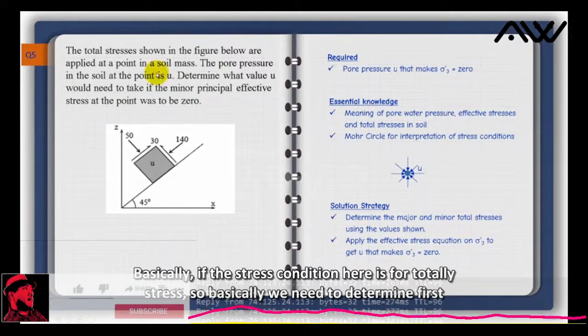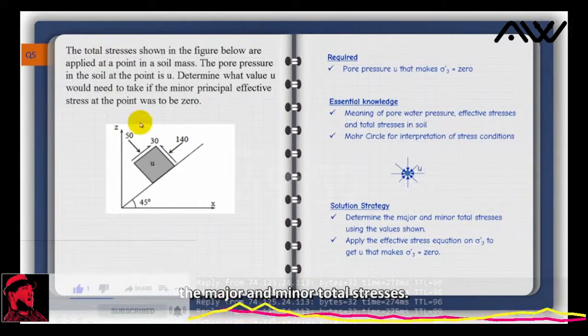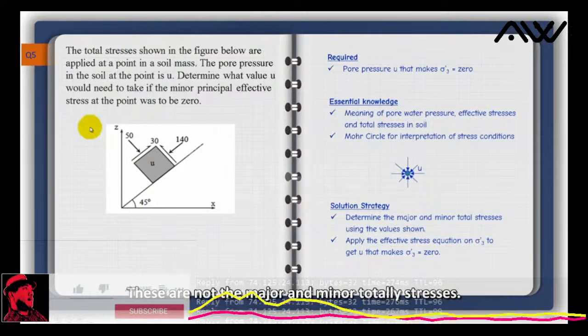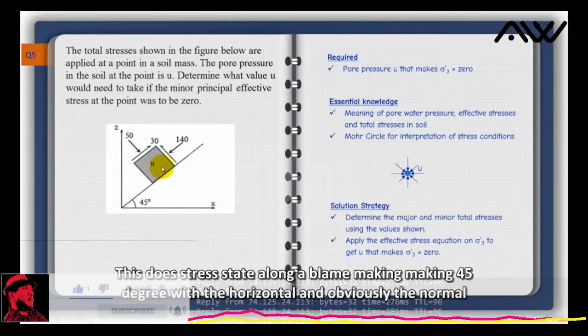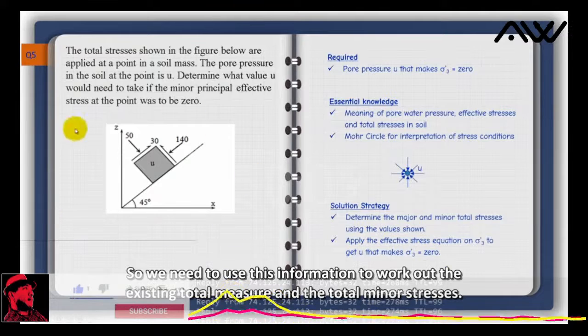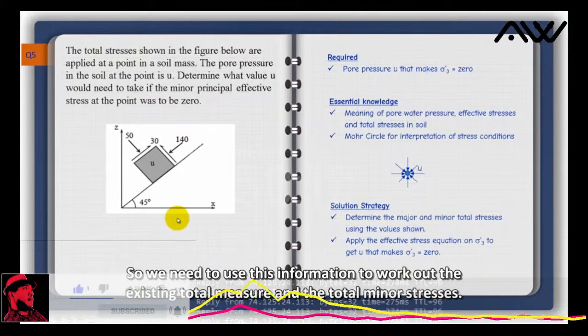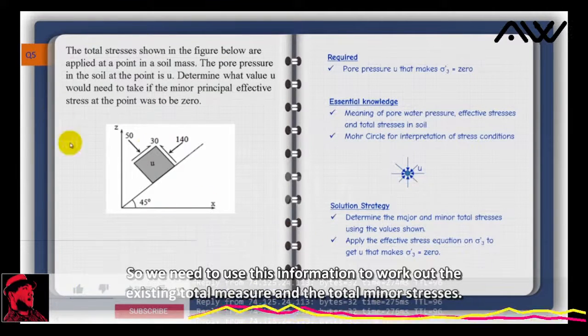Basically, if the stress condition here is for total stress, we need to determine first the major and minor total stresses. These are not the major and minor total stresses. This is just a stress state along a plane making 45 degrees with the horizontal, and obviously the normal to it. So we need to use this information to work out the existing total major and total minor stresses.